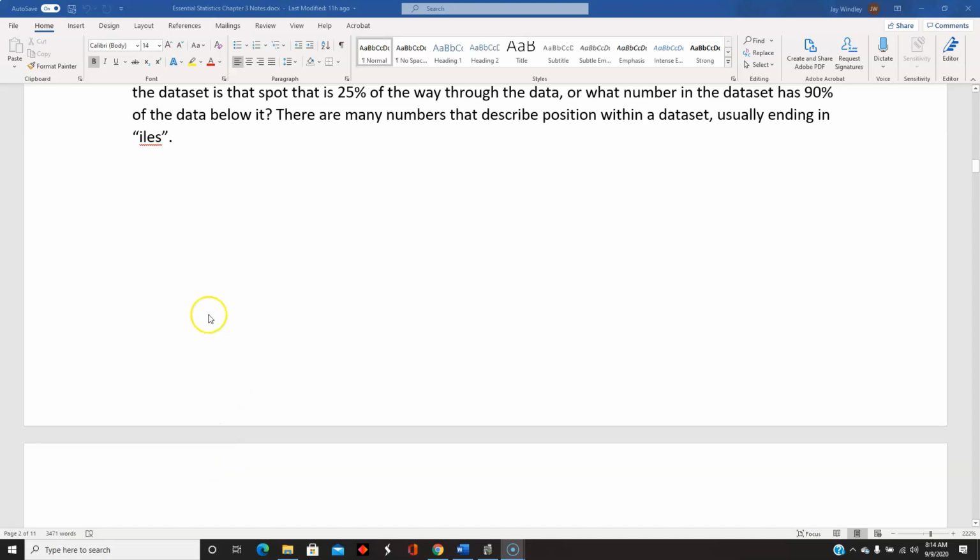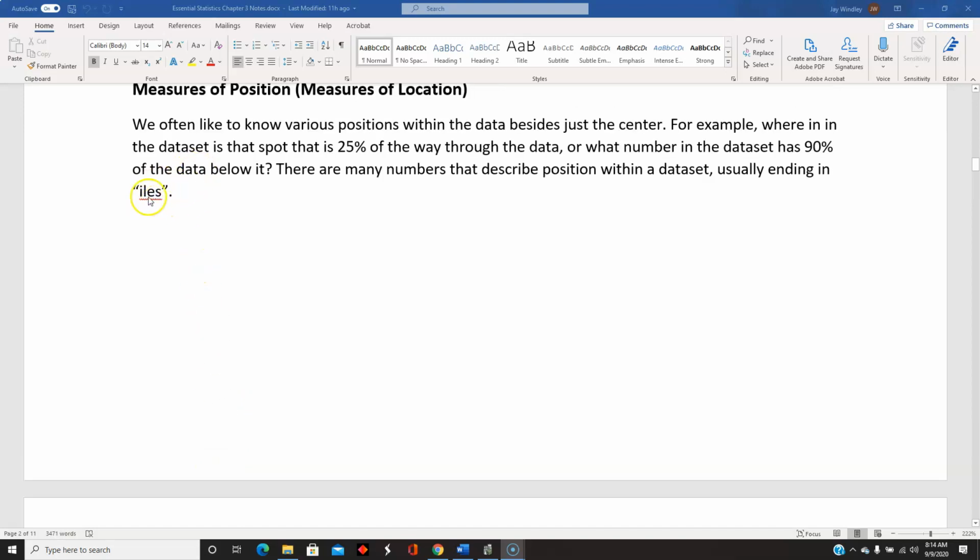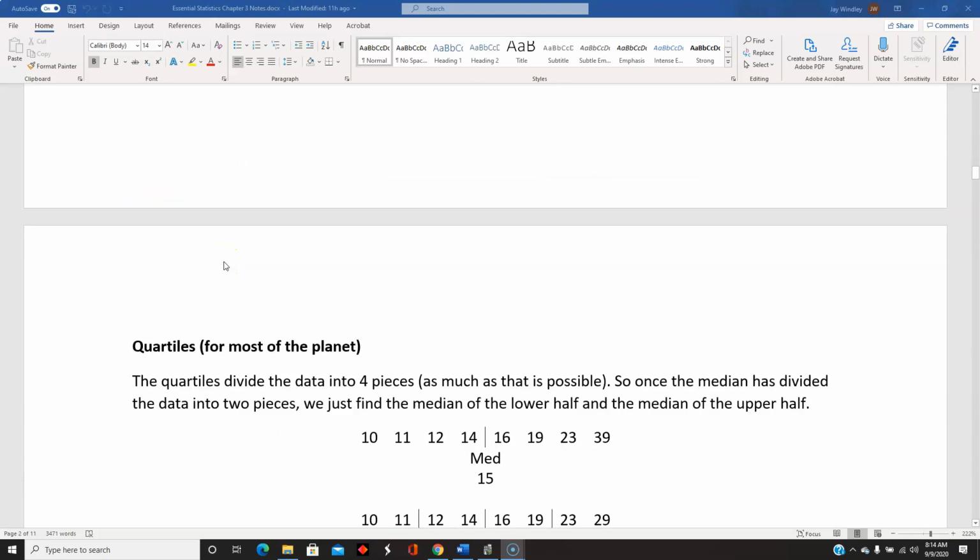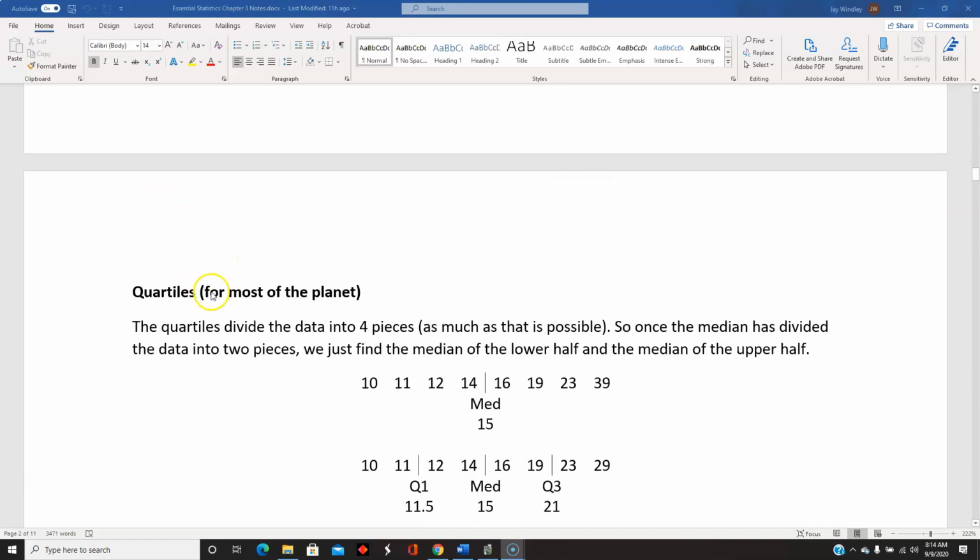So first up, and all of these measures of position or location tend to end with the word iles. So first of all, the quartiles. For most of the planet, this is the way we do quartiles. The quartiles, as the name implies, like quarter, as best as we can, divides the data into 4 pieces, which is not too hard to do when there's 8 numbers.